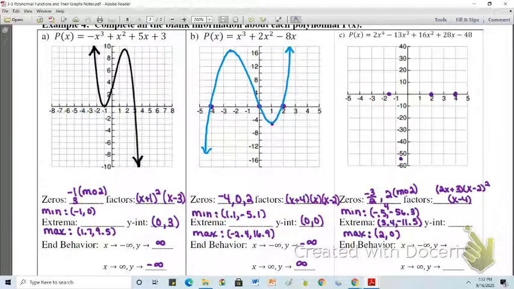And 3.4 and negative 11.5. I have a y-intercept of 0, negative 48.